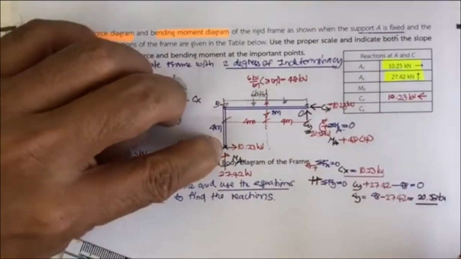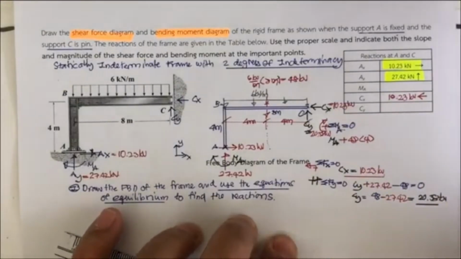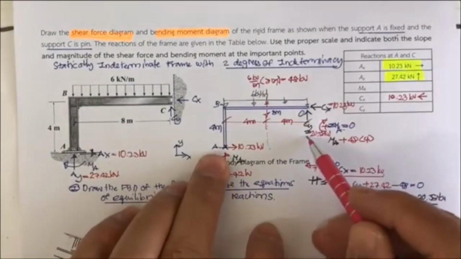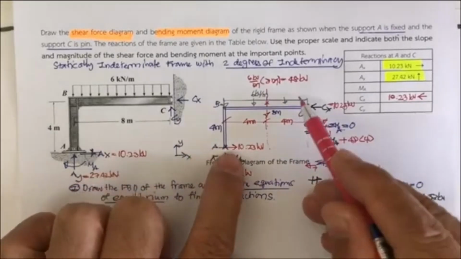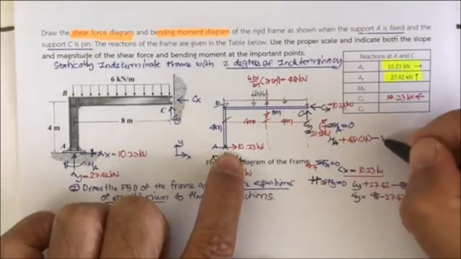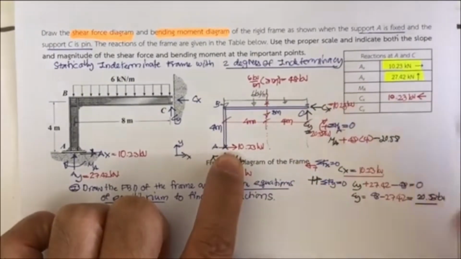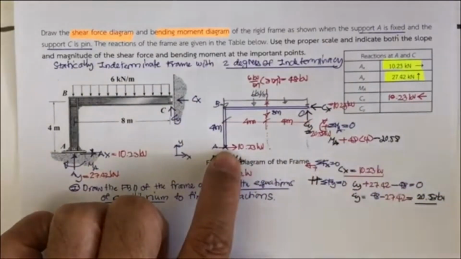So this is M sub A plus 48 times 4. And then this C sub y is going to rotate in the opposite direction, counterclockwise, so you have to minus 20.58, and the distance here is the total of 8 meter, so it's times 8.